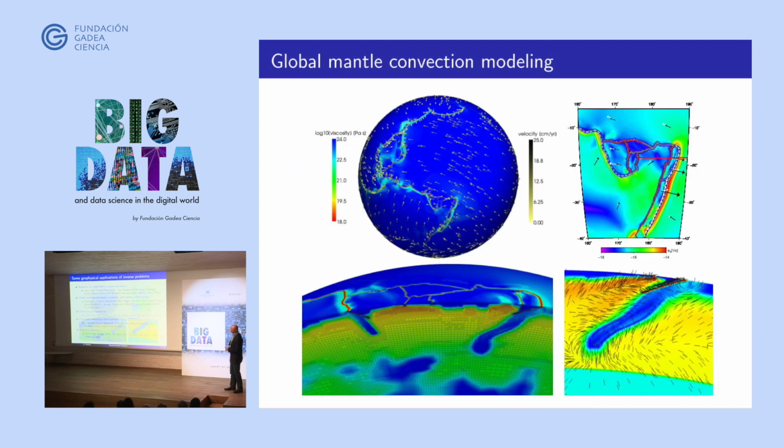Okay, I want to talk a little bit about some of the problems that we've been working on, just as an illustration of a much broader set of inverse problems that appear in the geosciences. This first problem has to do with global mantle convection. Mantle convection is how the Earth sheds heat. Heat in Earth's core and mantle rises buoyantly, and that leads to a flow of the rock.